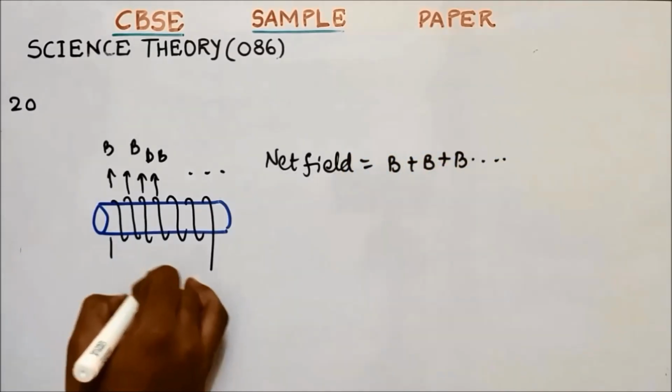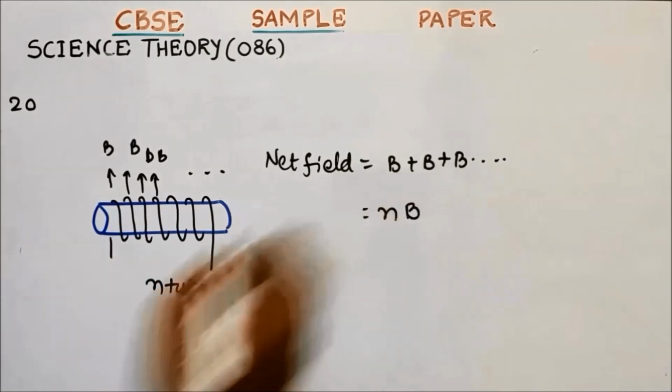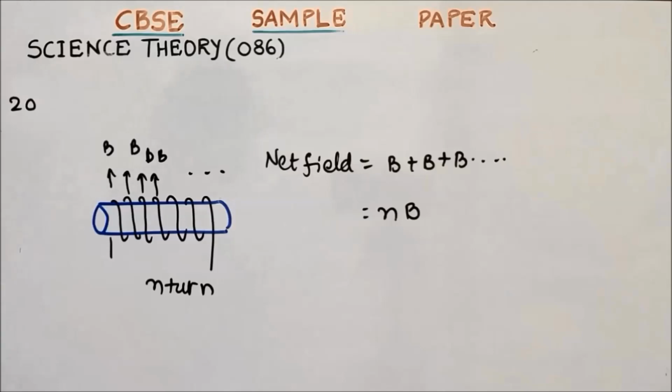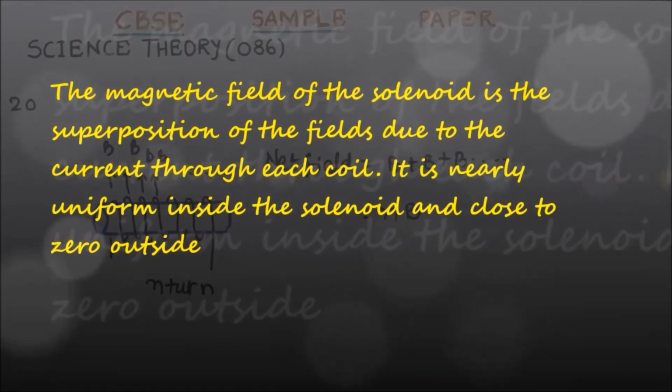So if you have made n turns, the magnetic field will be n times. So that is what he meant to say: the magnetic field of the solenoid is the superposition of the field due to current through each coil.